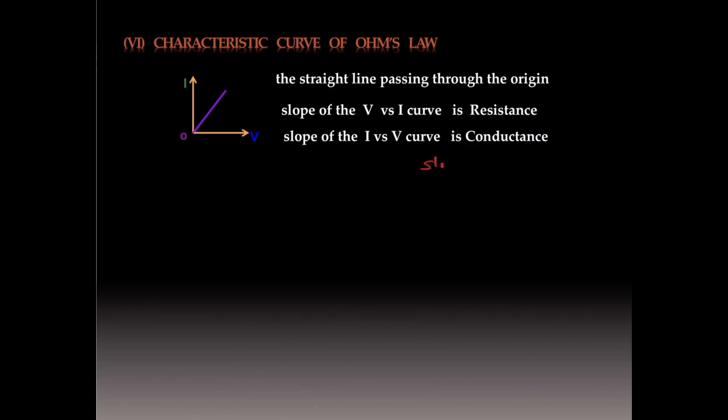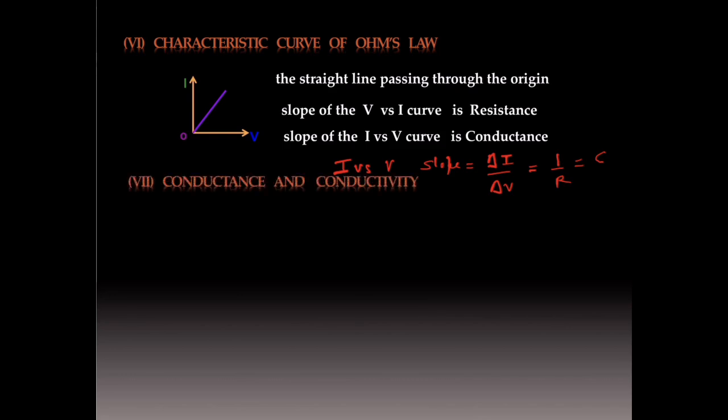Slope is equal to, in this graph, delta I upon delta V. So if I take the slope of the I versus V graph, then it is equal to 1 by R, that is conductance. Similarly, you can find the slope of the V versus I graph also.